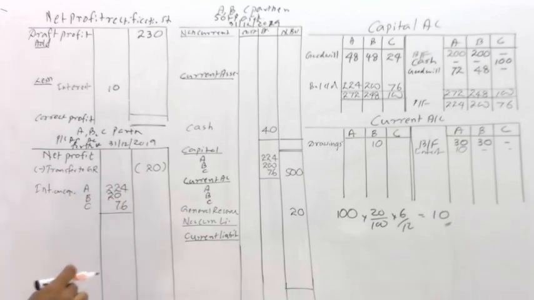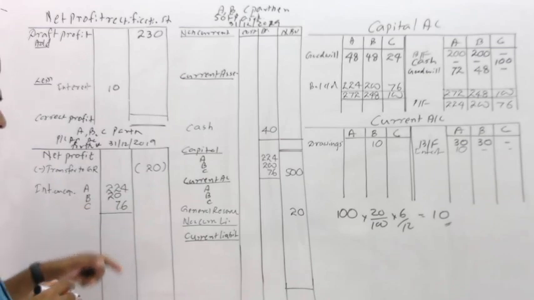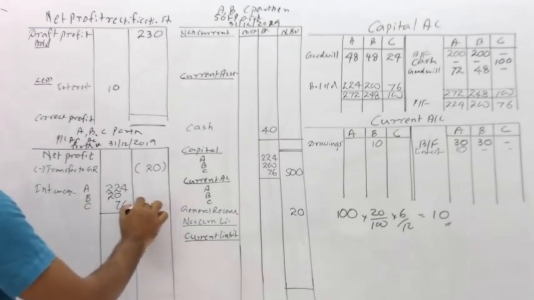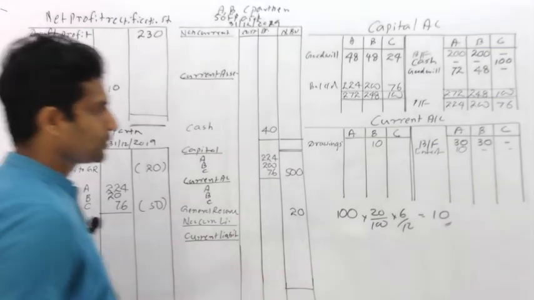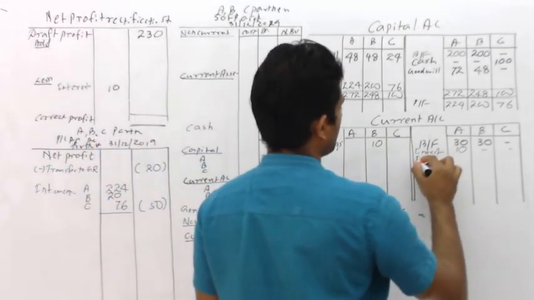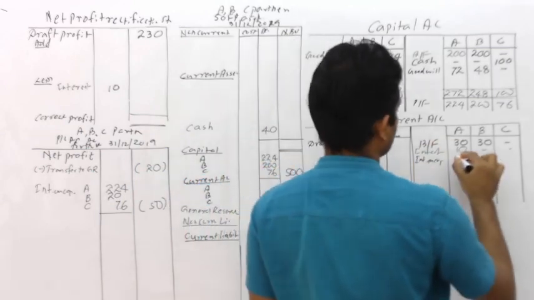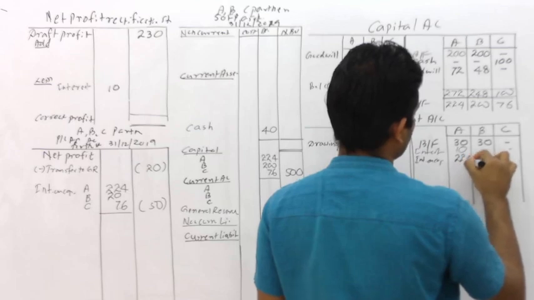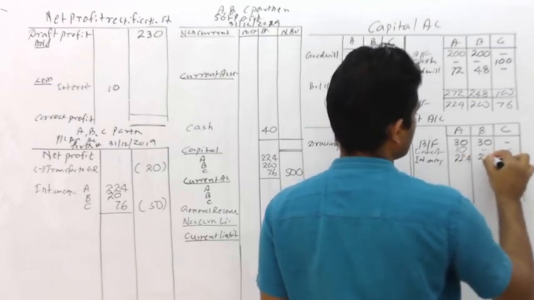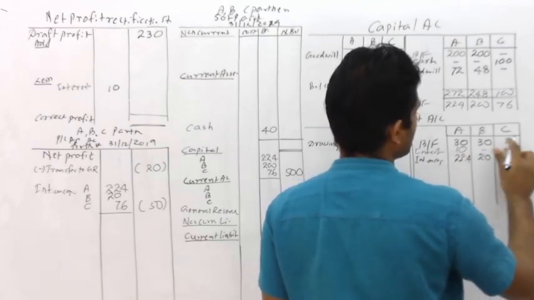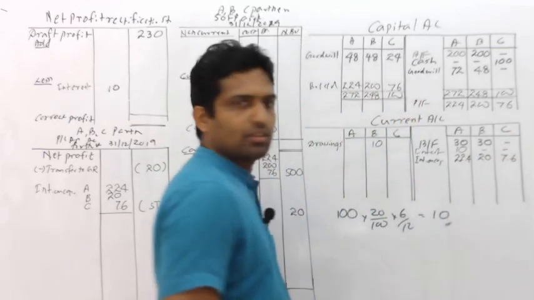So 22.4, 20 and 7.6. Credit goes to partners' current accounts, interest on capital.